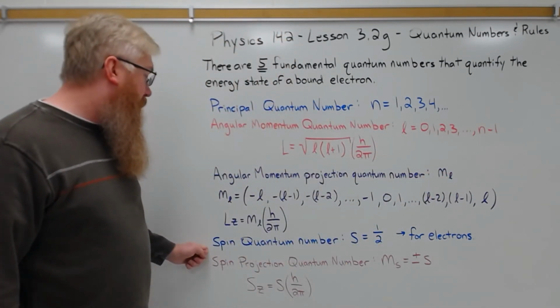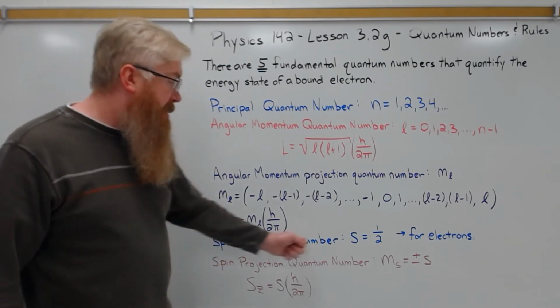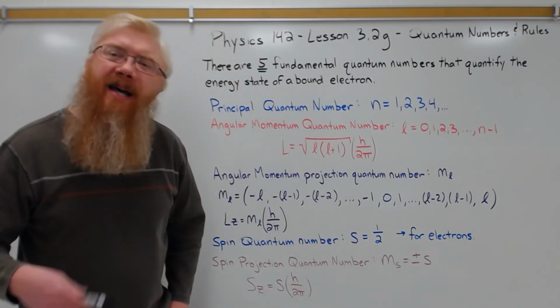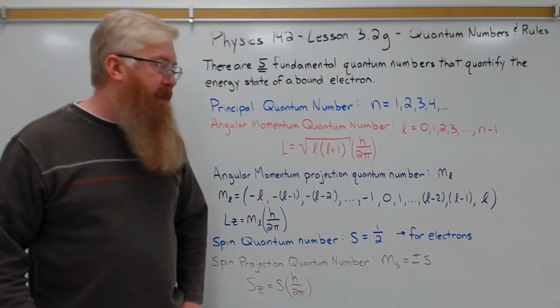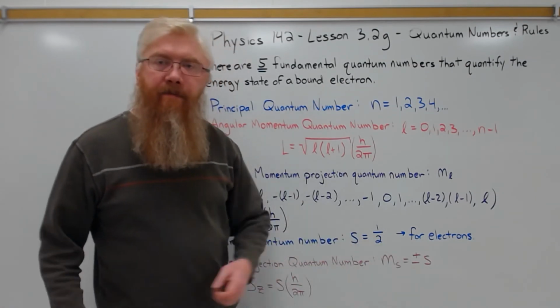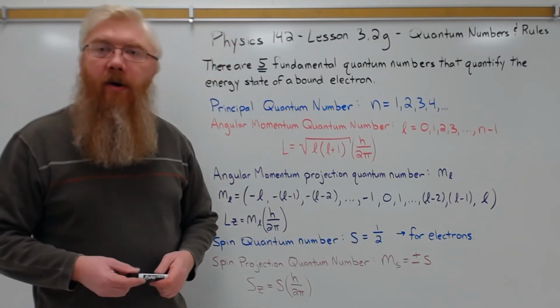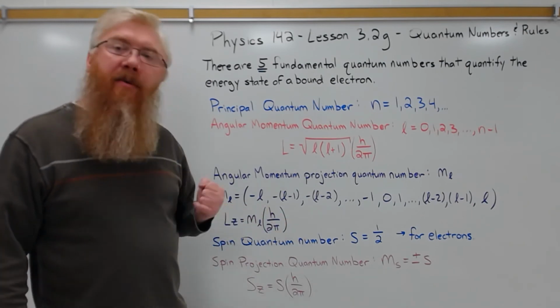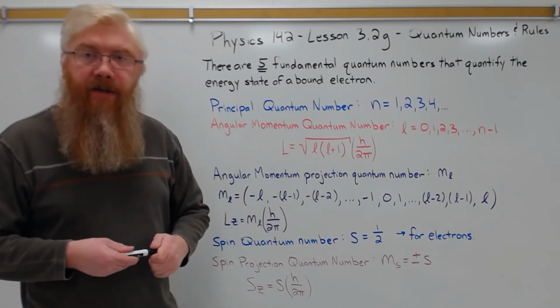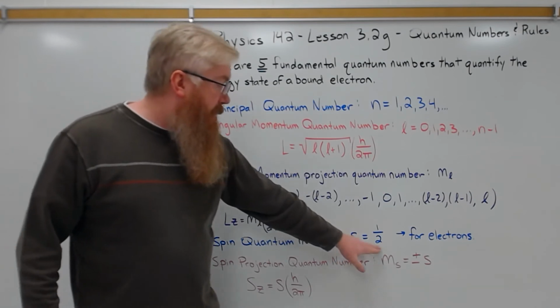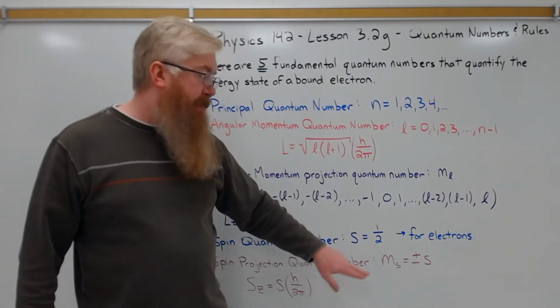And then finally, 2 more. There's the spin quantum number, s, which depends on the type of object you're talking about. For electrons, it's 1/2. For photons, it's 1. It depends on the particle. But we're going to talk about electrons because we're building atoms in this next video. So we need to talk about how electrons are bound into an atom.